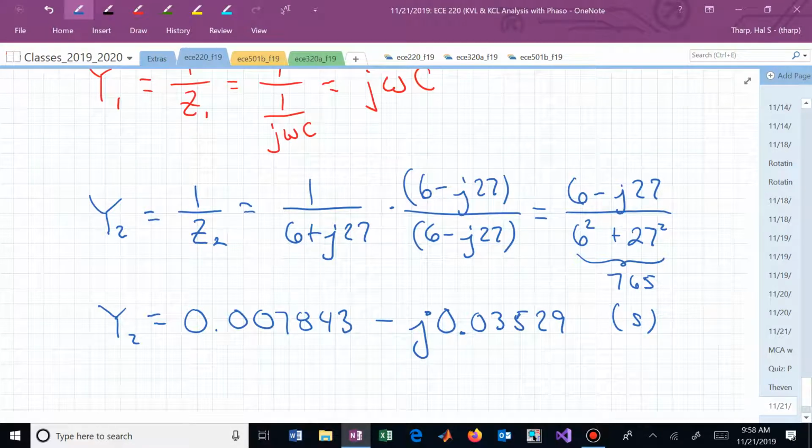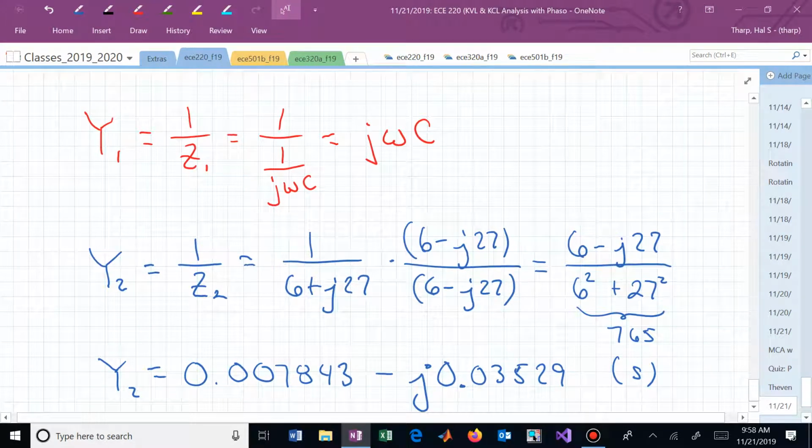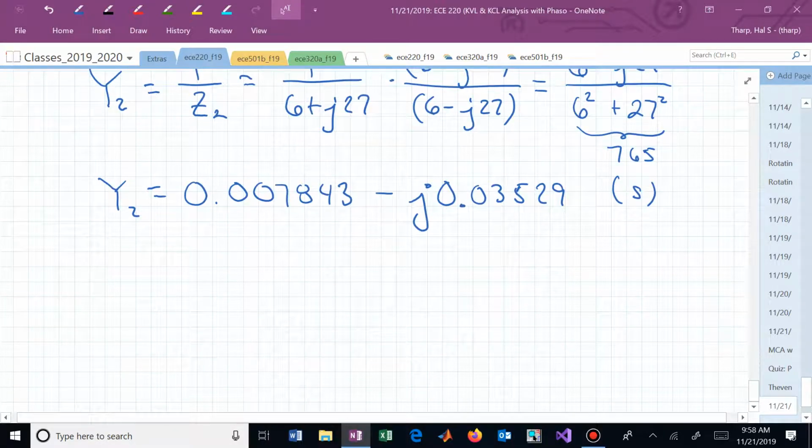Now we have Y2 and we have Y1. Y1 has this unknown C, and that's what we're trying to find. Omega we know is 1,000, but we can combine those two Y's.